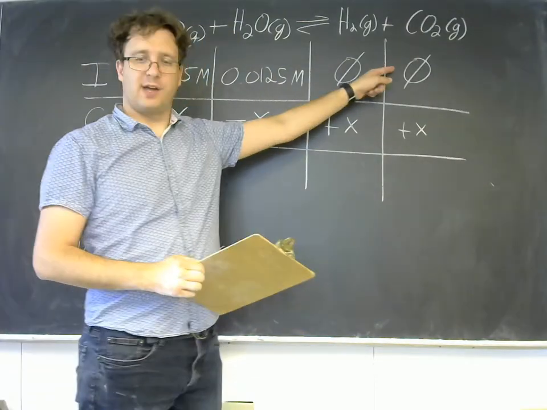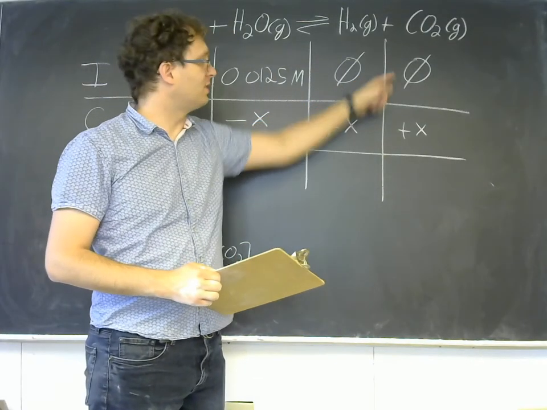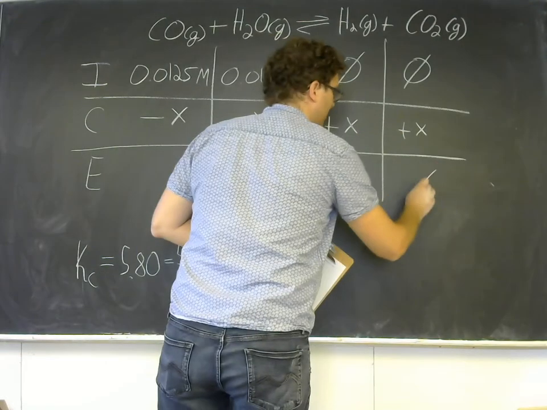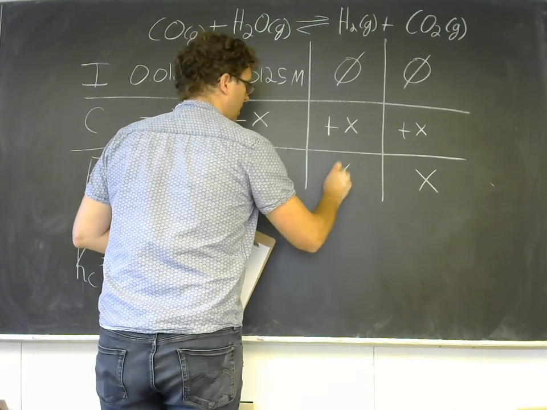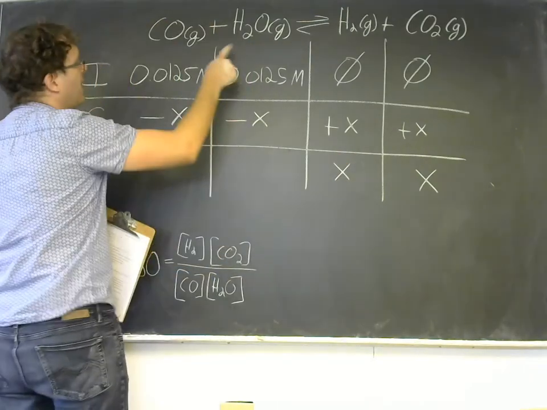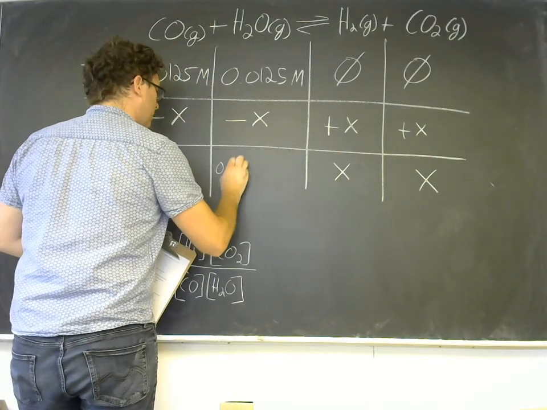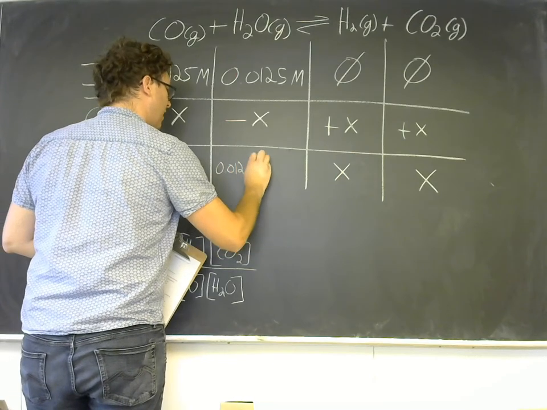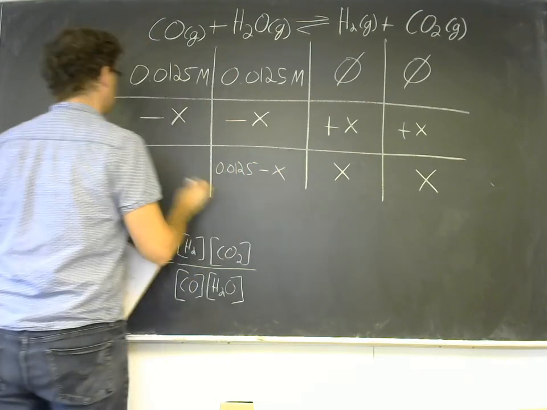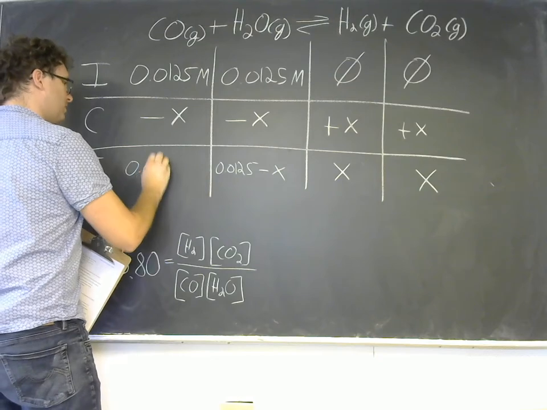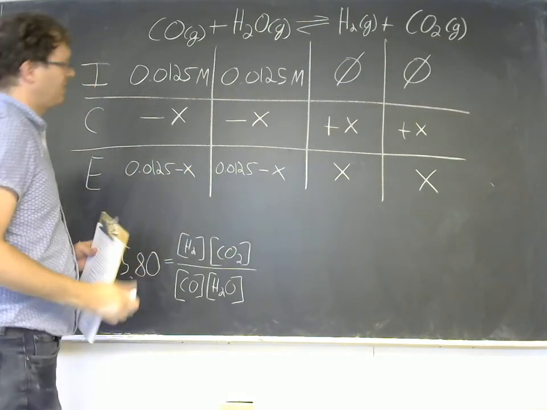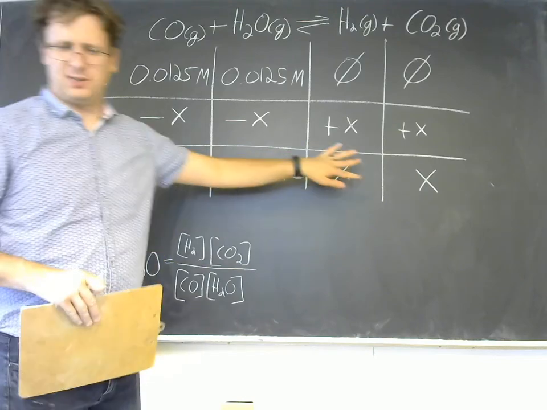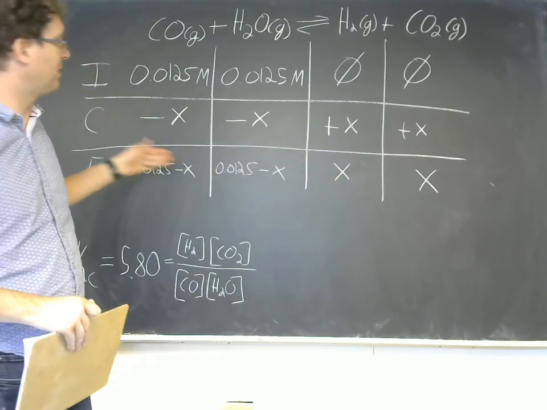The carbon dioxide equilibrium concentration is 0 plus x, which means it's just x. Hydrogen, 0 plus x, is just x. And then water would be 0.0125 minus x, and carbon monoxide 0.0125 minus x.